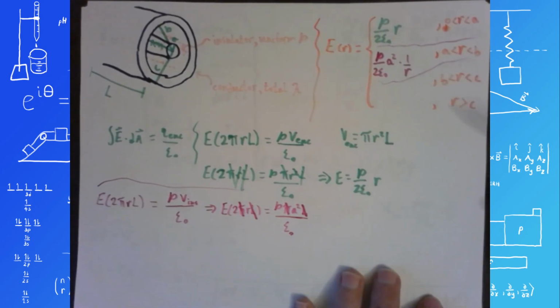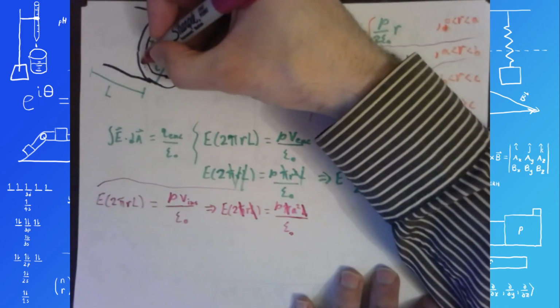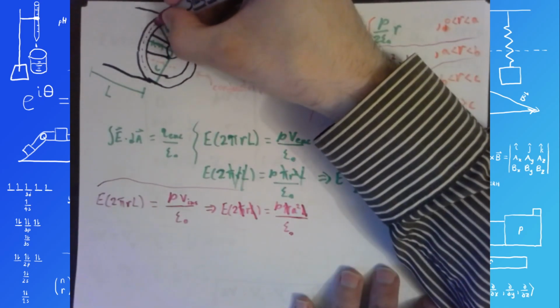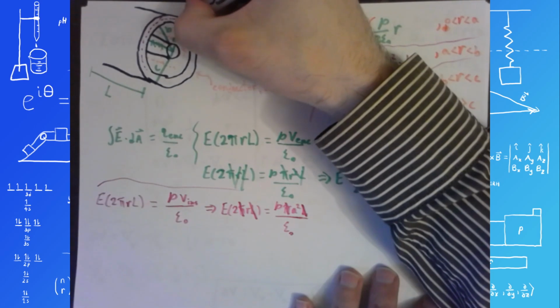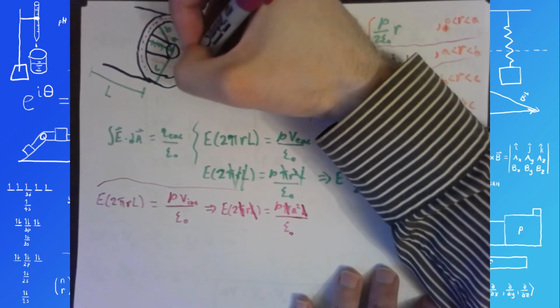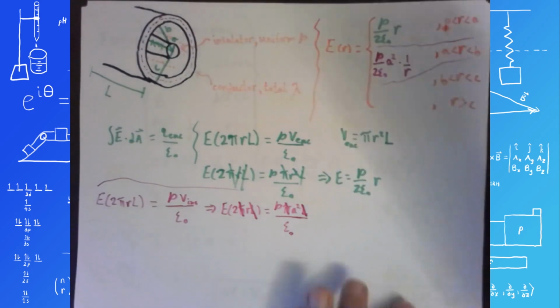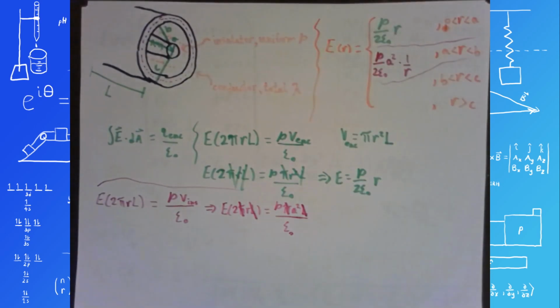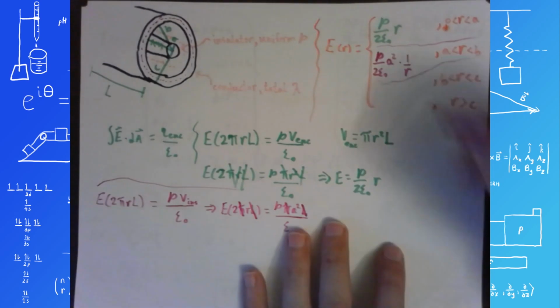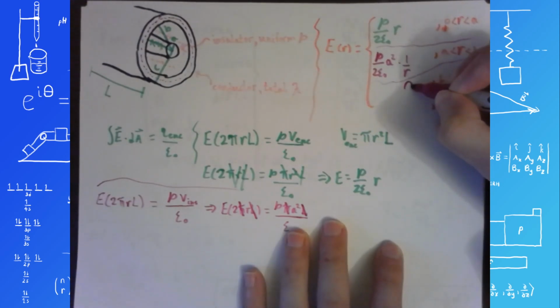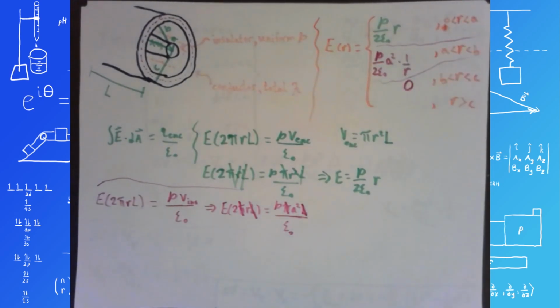Okay, next region of interest. Gaussian cylinder of radius between B and C, so that's going to be a Gaussian cylinder whose surface exists within the bulk of a conductor. We know what that means, at least we should know by this point. It's 0.